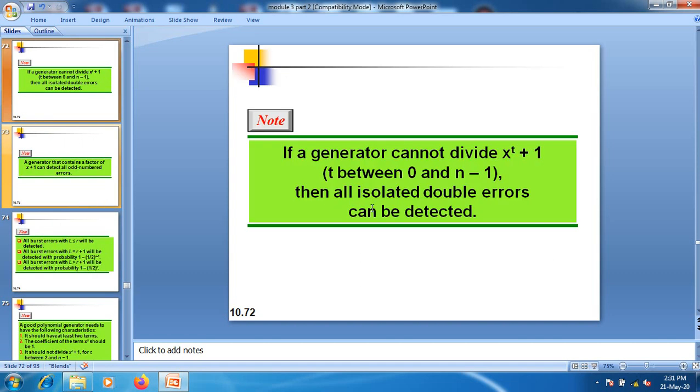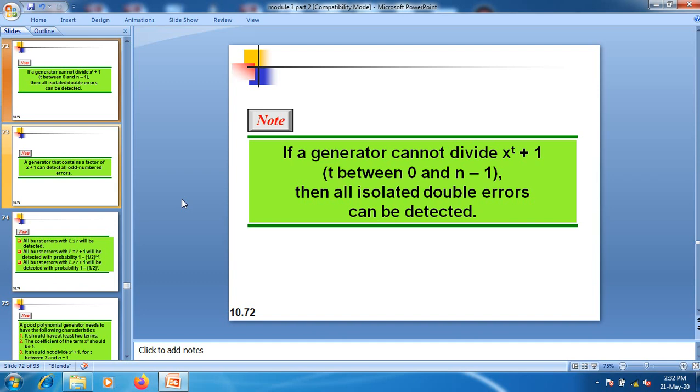Here we are very much interested: if a generator cannot divide x to the power t plus 1, where t is nothing but j minus i, and if t varies between 0 and n minus 1, then all isolated double errors can be detected here.